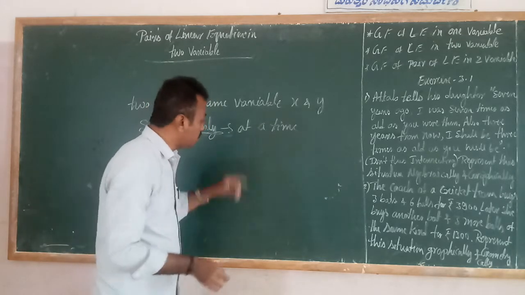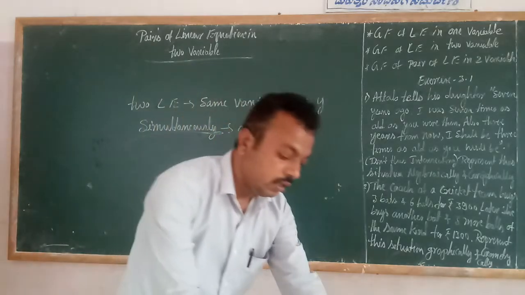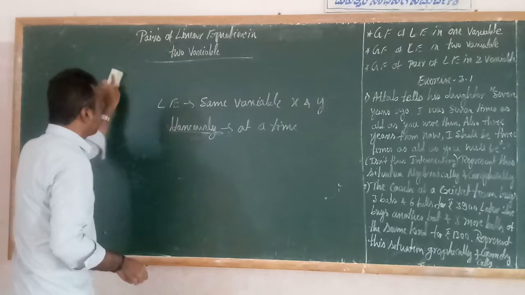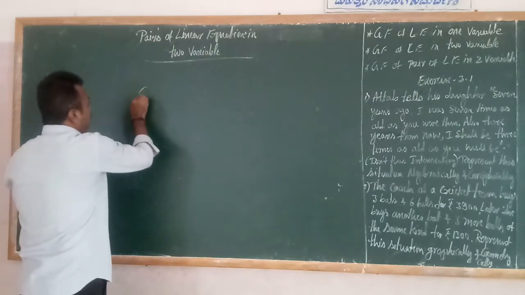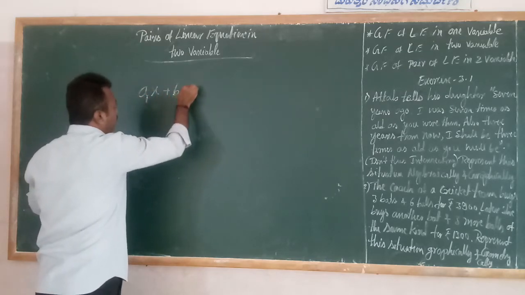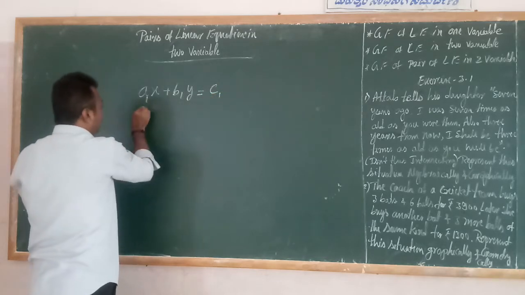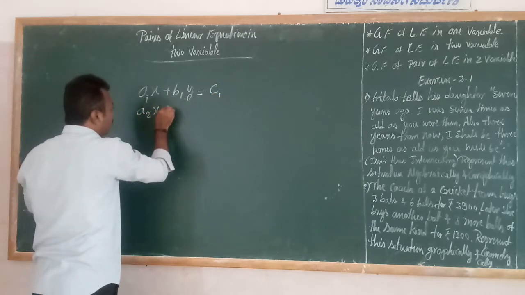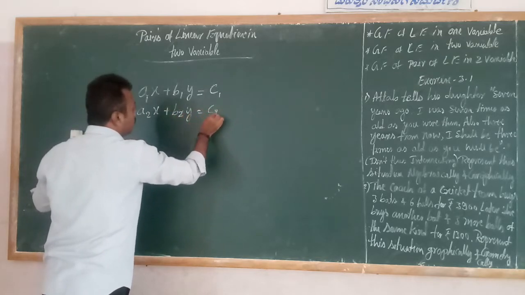For example, the general form of a pair of linear equations in two variables. Let us write it. Okay students, a1x plus b1y is equal to c1 and a2x plus b2y is equal to c2.